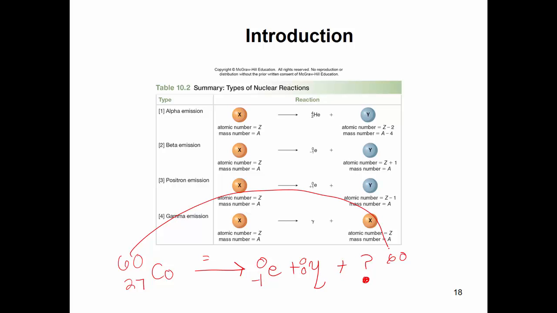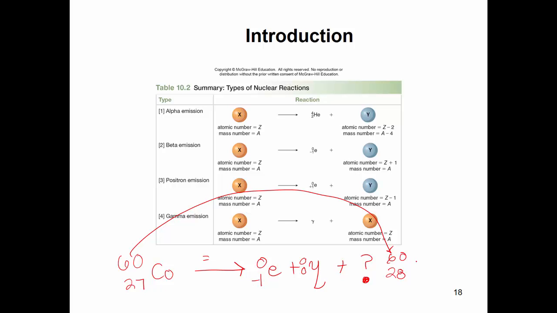I have 0 again, so that's not going to change. But here I have a negative 1. I get a few mistakes here, and students will put 26 here. 26 minus 1 would be 25, and that doesn't equal 27. So here it has to be 28, because 28 minus 1 equals 27.